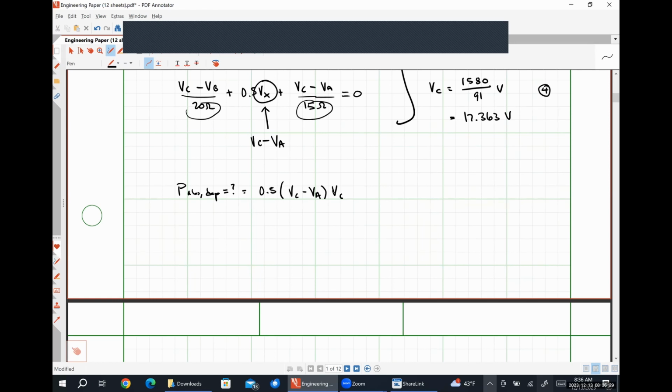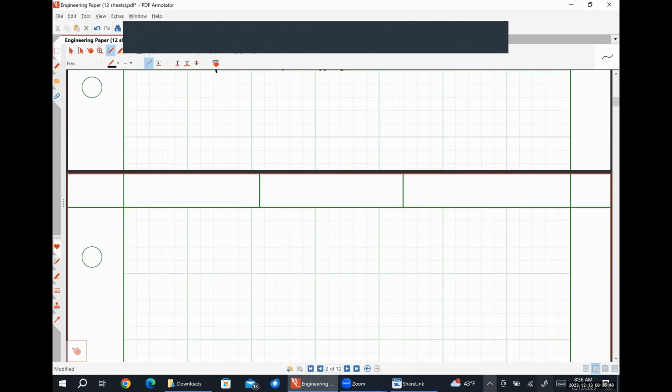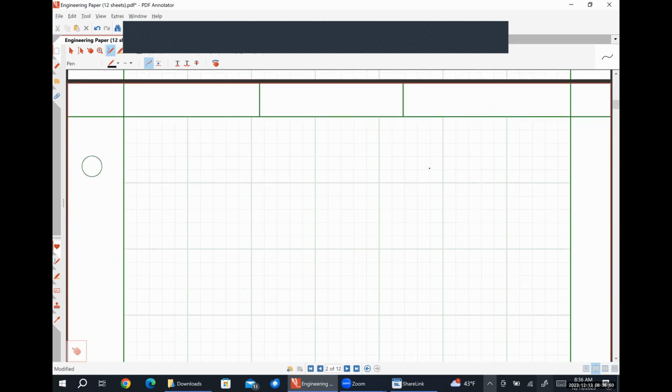All right, so I have another example here, but instead of that, let's go look at homework set number 5, problem 3B, the one that I worked in an annoyingly long way using superposition and told you guys nodal makes it much easier. Okay. So if I'm not mistaken, the circuit looks something like this.